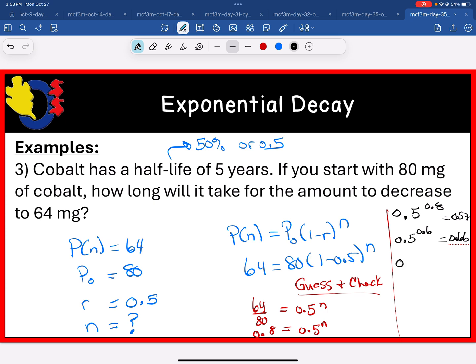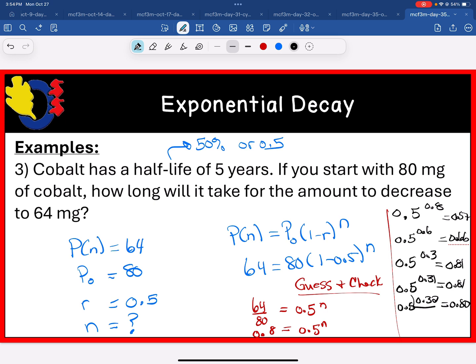Let's try 0.5 to the exponent 0.3. All right, we got 0.81. Okay, so it's a little too high. So we're going to try 0.5 to the exponent 0.31. So that's still approximately 0.81. So we're going to keep trying 0.5 to the exponent 0.32. And we get approximately 0.80.